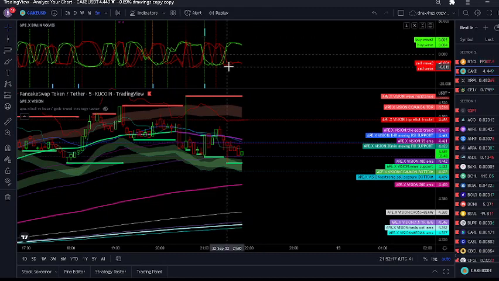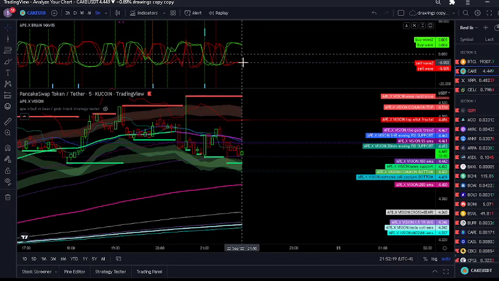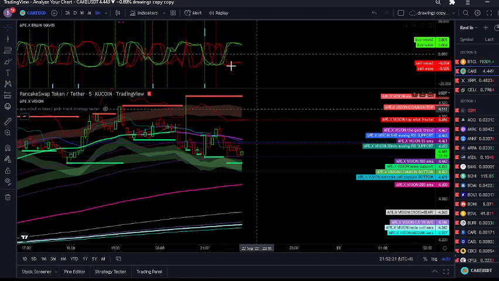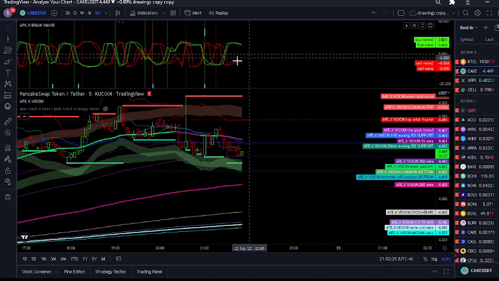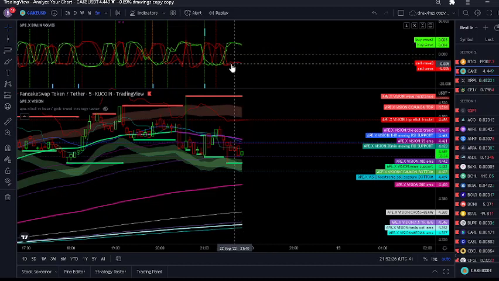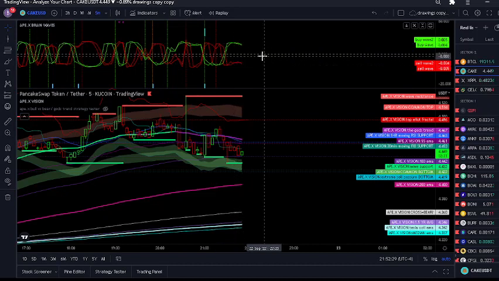You see how it's pulling back up? It's like a tuning fork, basically. Measures the volume and everything for you.